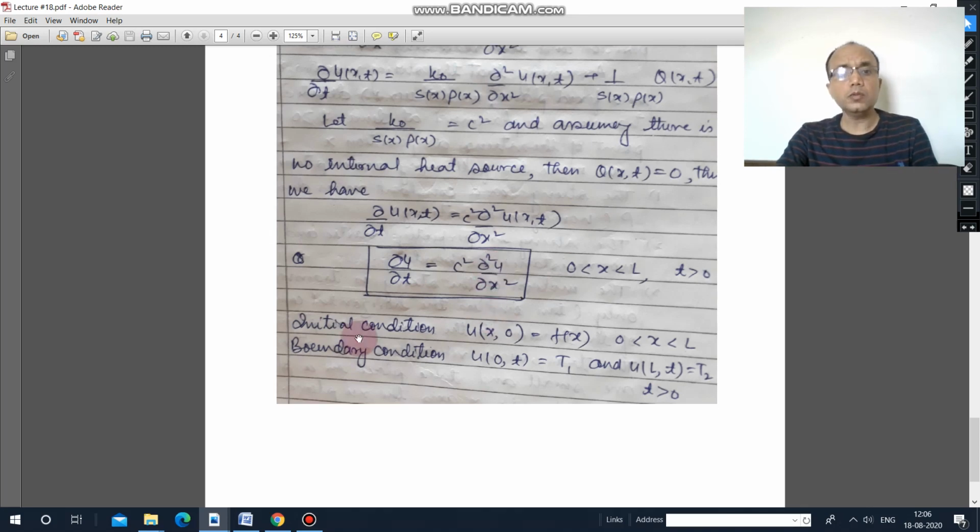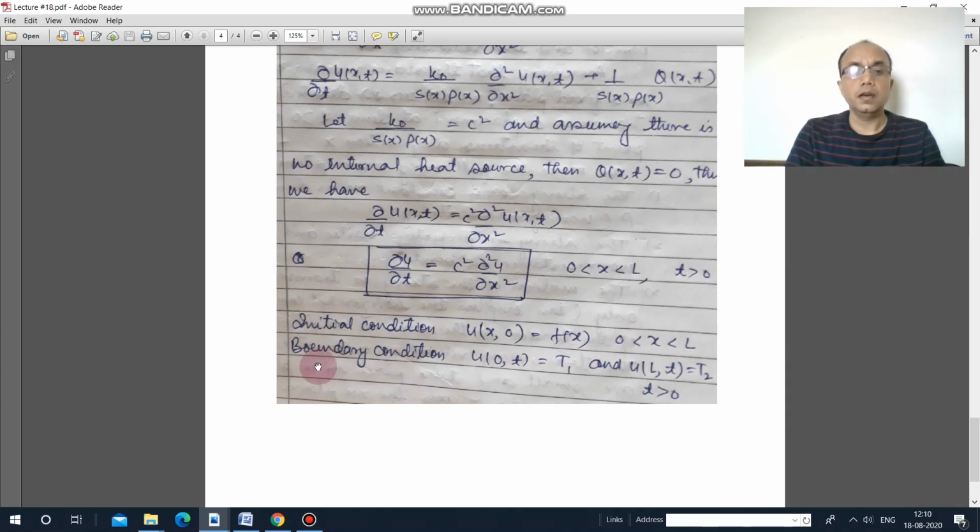Clear? Now look at this. How can we apply some conditions on that? The initial condition is when time t equals 0, and suppose u(x,0) is a function of x, where x is between 0 and L. Now the boundary conditions: two boundary conditions will be there.